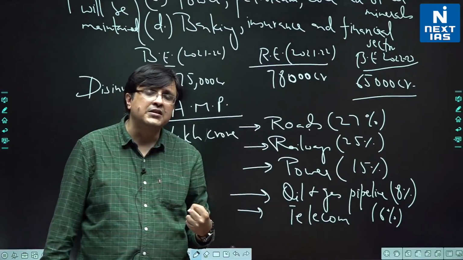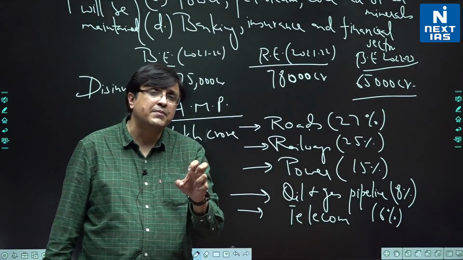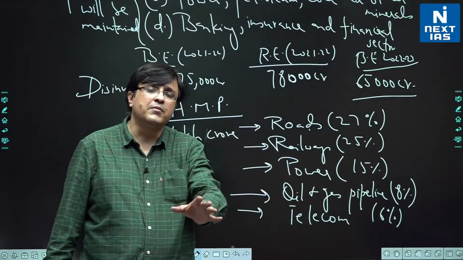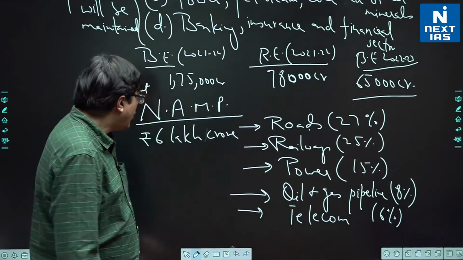The government can then earn money out of it, and the objective is that this money can be used to develop new assets in far off areas, remote areas, and so on.